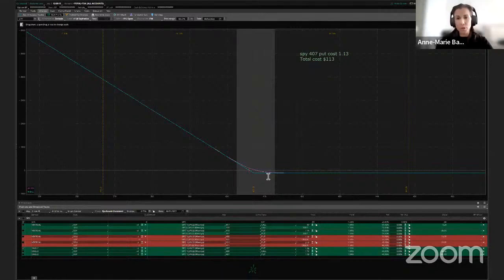What it tells you when you buy the SPY, and I'm going to make this word a buy, is that when I buy that SPY 407, I am long the put. Long means I bought it. Short means I sold it.